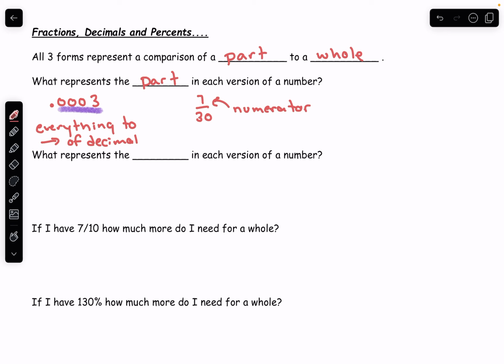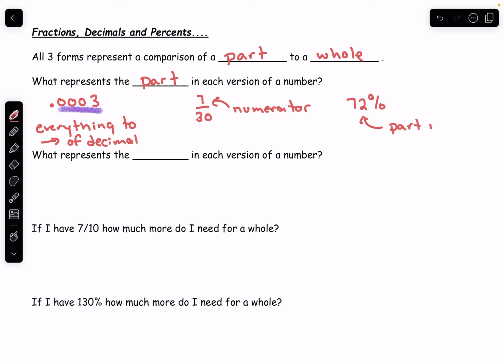I think we can leave it at that. What about a percent? Let's say I've got the number 72%. Where am I looking at the part in this version of a number? In this case, percentages, the part is always what's in front of the percent. So really, when you're looking at this, it almost looks like the entire thing is the part.